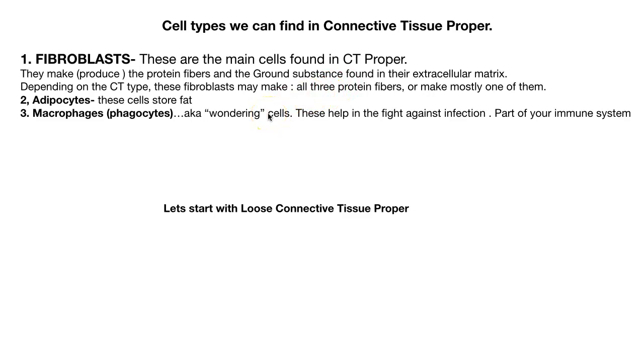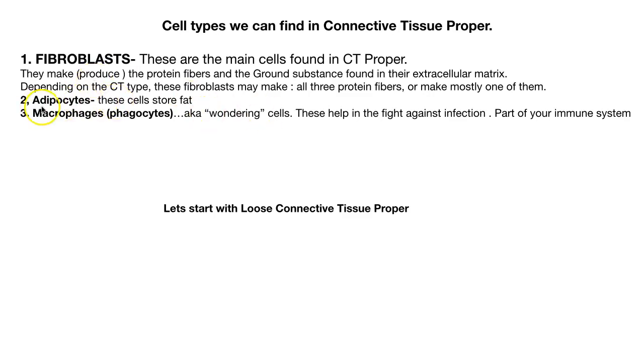And depending which connective tissue they are in, the fibroblasts can make all 3 of the protein fibers, collagen, elastic, and reticular, or they can make just 2 of them, or maybe they're just going to make 1 of those protein fibers. It all depends on which connective tissue they are in.